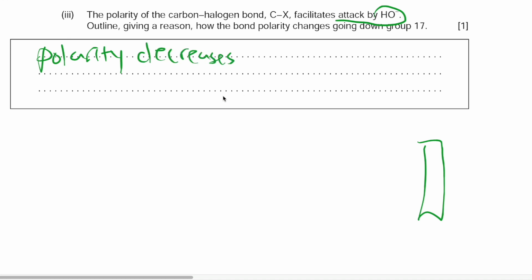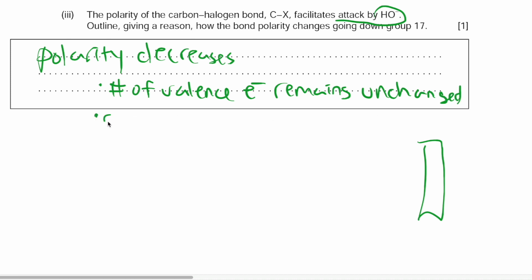So remember that polarity refers to the ability to attract a shared pair of electrons. And this tendency in group 7 decreases as you go down the group. When you're going down the group, the number of valence electrons remains unchanged.